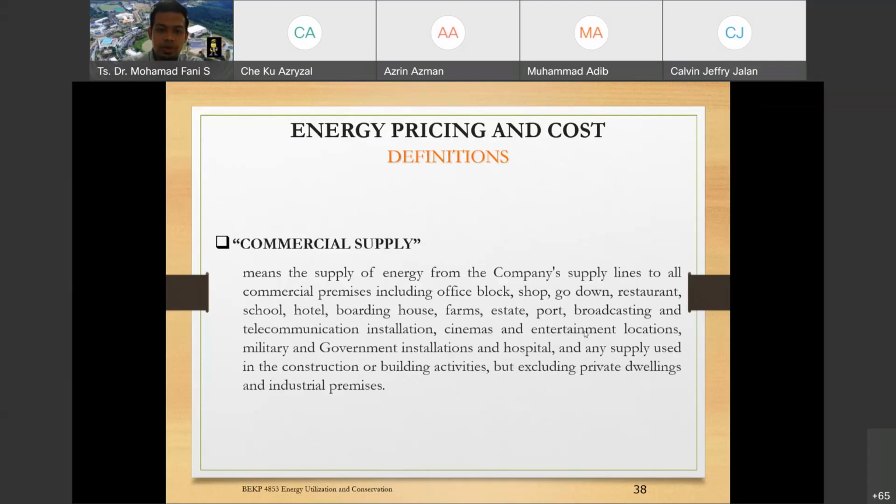So the definition for a commercial supply, for example, office block, shop, godown, restaurant, school, hotel, boarding house, etc. Also including government buildings, hospital, university, shopping complex. Okay, that one is the commercial consumer.